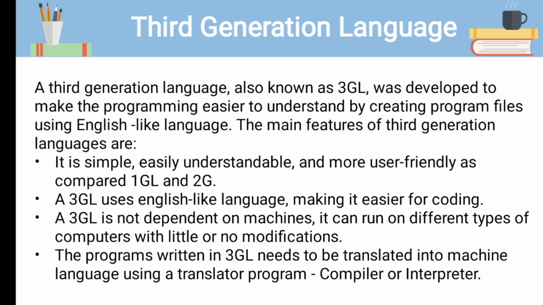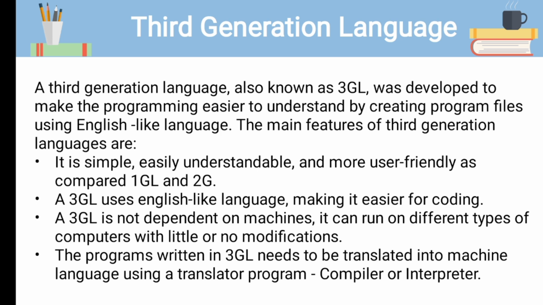A third generation language uses English-like language, making it easier for coding, and it is also not dependent on machines. It can run on different types of computers with little or no modification.